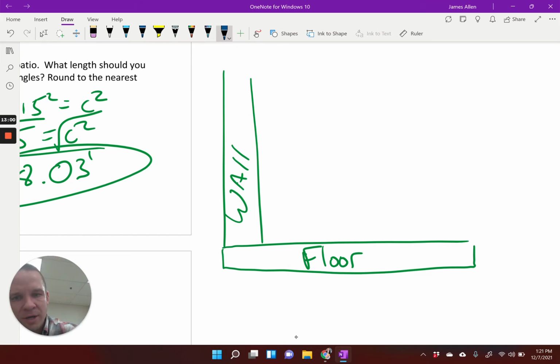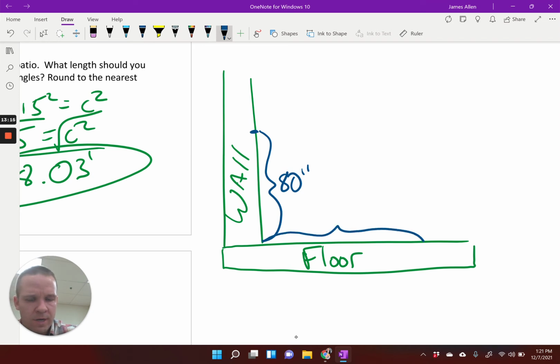So I could take my tape measure, and let's say we just take a measurement here, and let's say I go with, how about I went up 80 inches. And then let's say I head out and I go with 50 inches. Actually, I'm going to go 55 inches. Okay. So I take my tape measure, up 80, out 55.